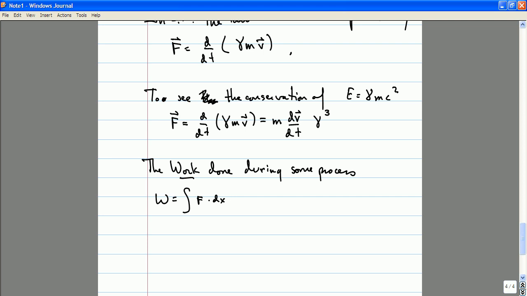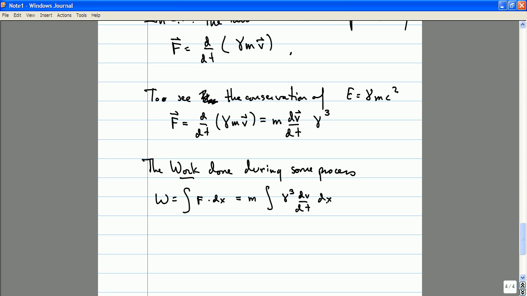So, in principle, I should really put vector symbols on this and be taking a dot product here, but I'll just consider again motion in one dimension to make life simple. Then using the above formula, this is the integral dx of gamma cubed times dv by dt times m.